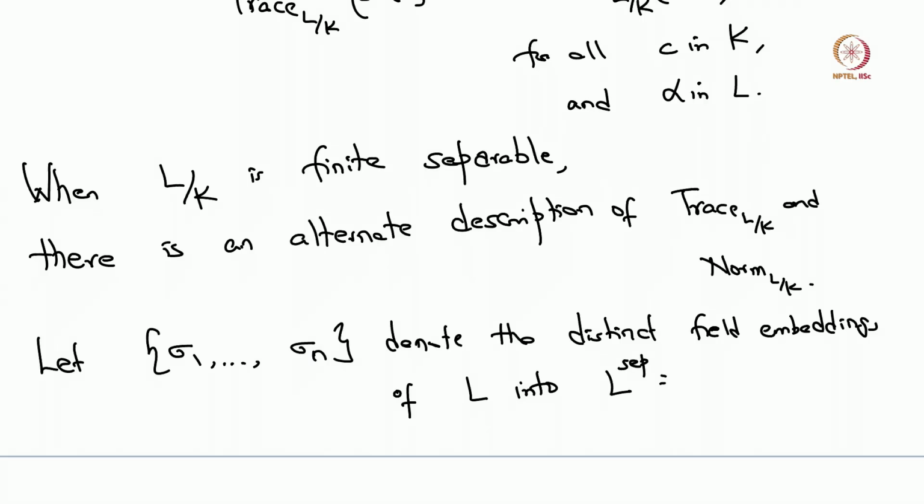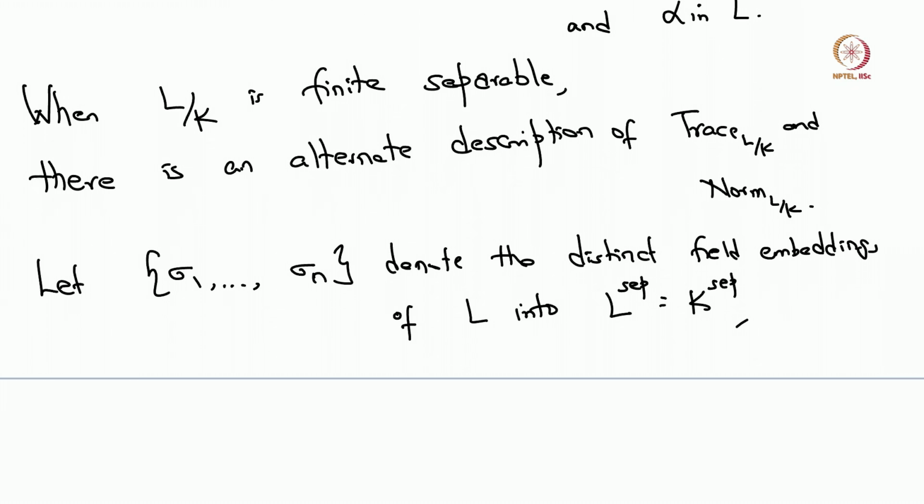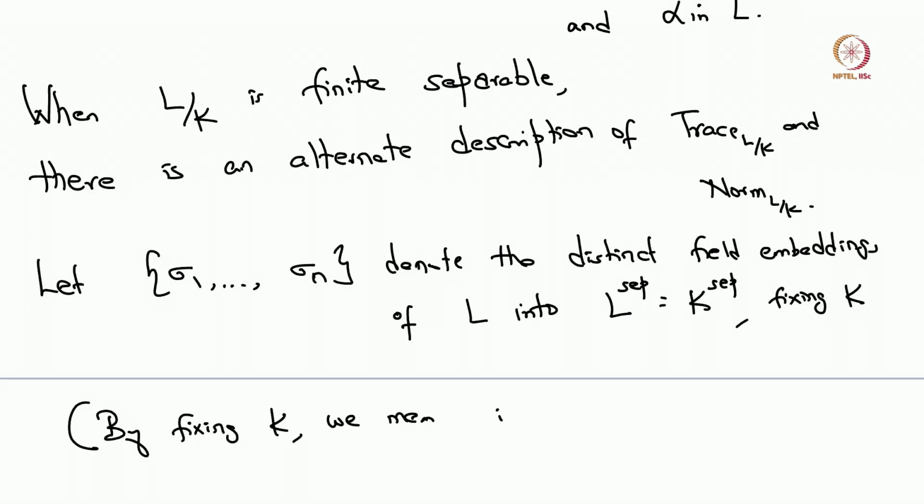And remember that since L over K is finite separable, the separable closure of L equals the separable closure of K. So we are looking at all the distinct field embeddings that fix K, and by fixing K we mean that sigma of x equals x for all x in K.